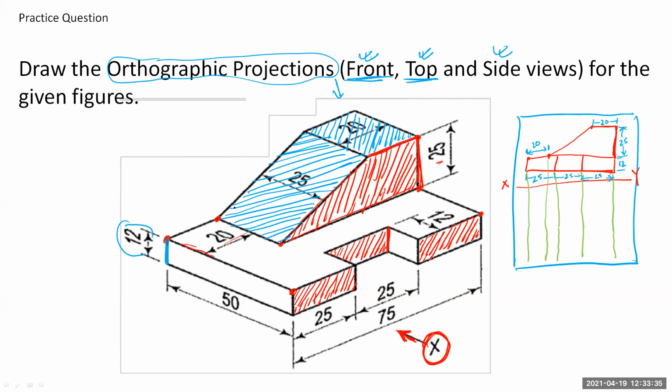So these two faces, along with this bigger rectangle, you can see. What is the dimension of this bigger rectangle? 75, and on this side 50.